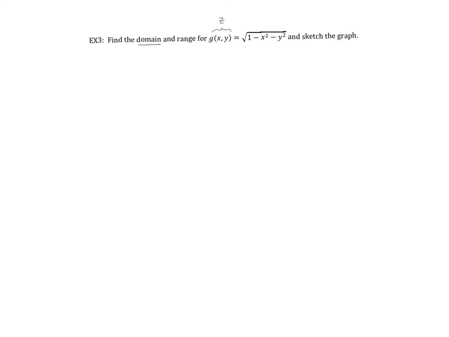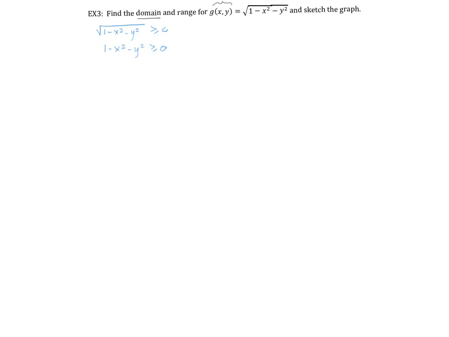It can be 0, it can be positive, but it cannot be negative. So I have to make sure that the square root of 1 minus x squared minus y squared is greater than or equal to 0. And if I square both sides, I have 1 minus x squared minus y squared greater than or equal to 0.